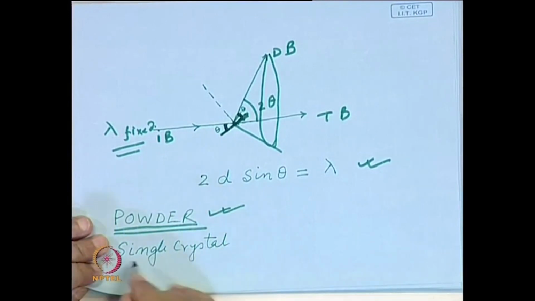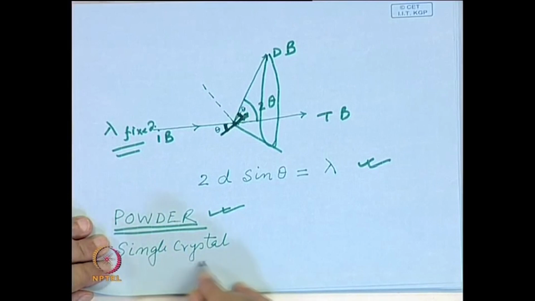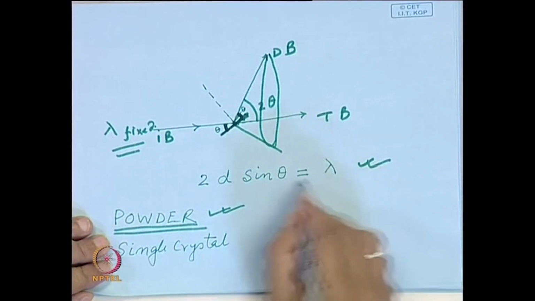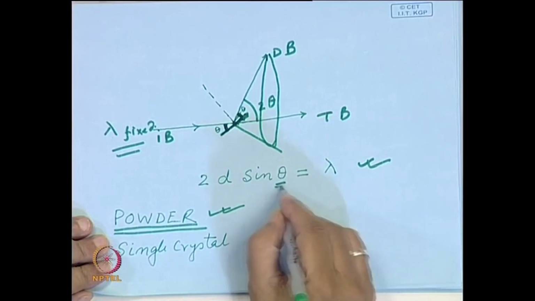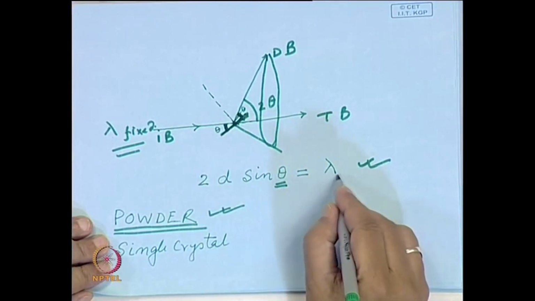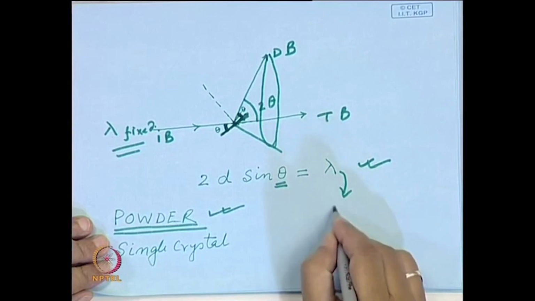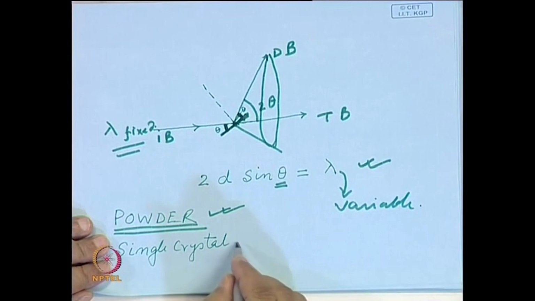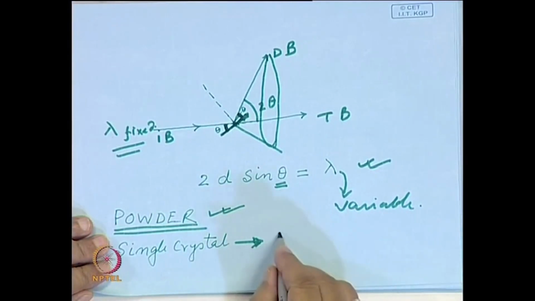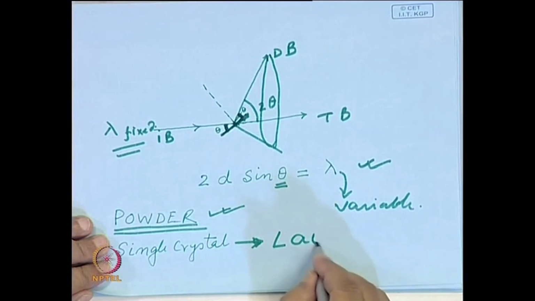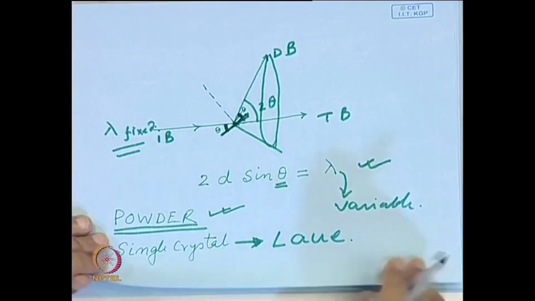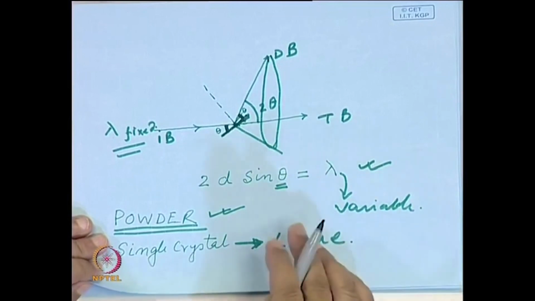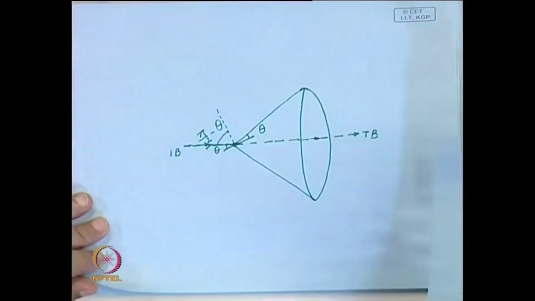It is also possible to record the diffraction pattern of a single crystal, but in that case, since this becomes fixed, to satisfy the condition you must vary lambda. That type of technique is called the Laue technique, and the nature of the diffraction pattern is totally different.